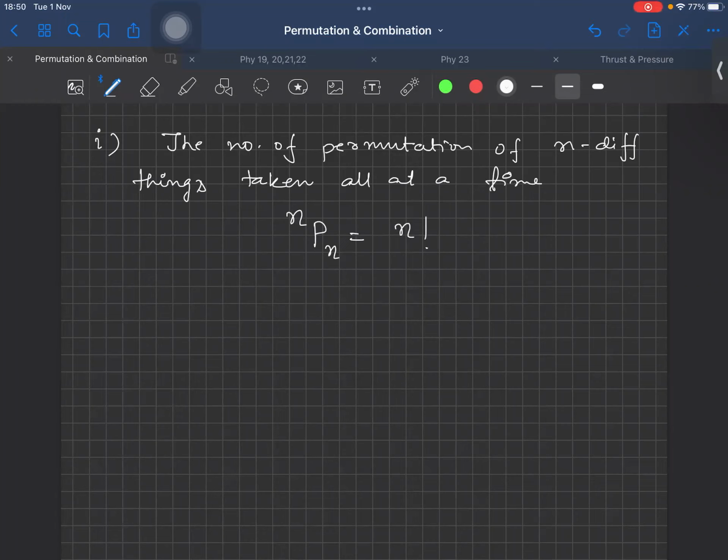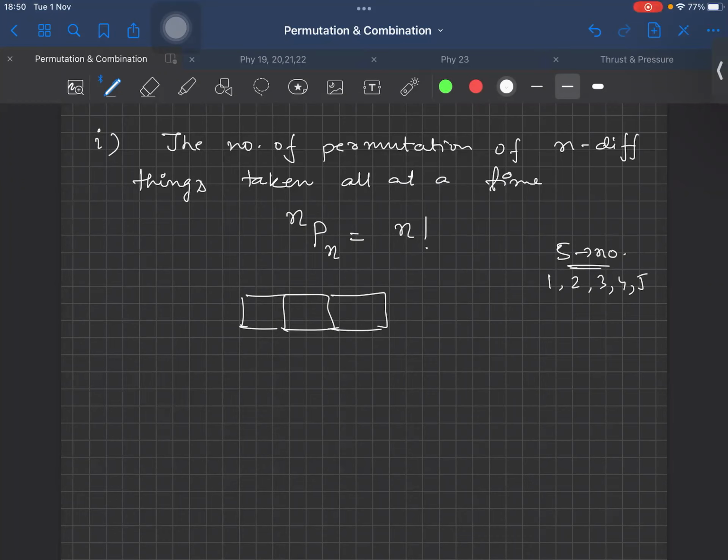That means what? If we are trying to fill, let's say, 5 positions, and 5 numbers are given: 1, 2, 3, 4, 5. These are the 5 numbers, and these are the places that we need to fill.